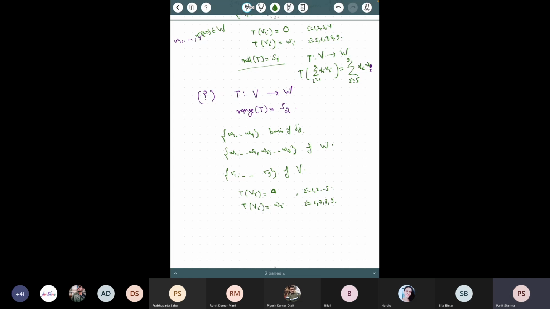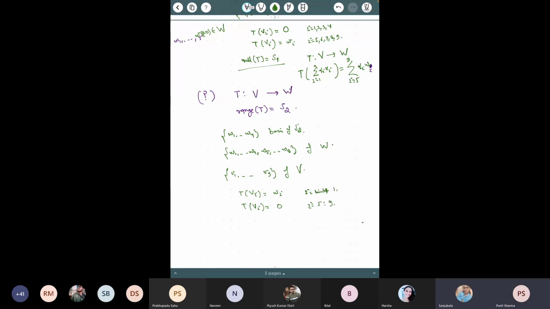So this map won't work. What you do is that you send T(Vi) equal to Wi for i equal to 1 to 4, and T(Vi) equal to 0 for i equal to 5 to 9.